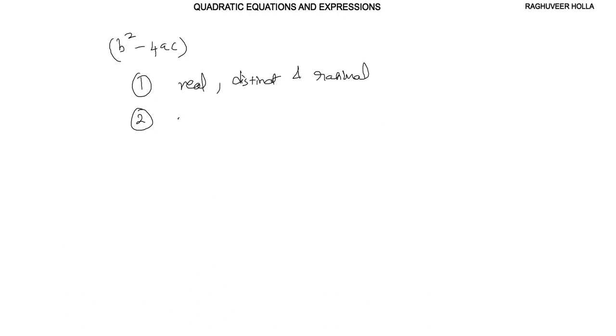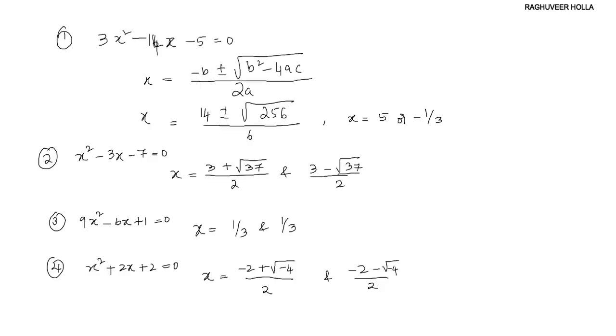Now in the second example, the discriminant is positive but not a perfect square. The roots are real, distinct, and irrational.